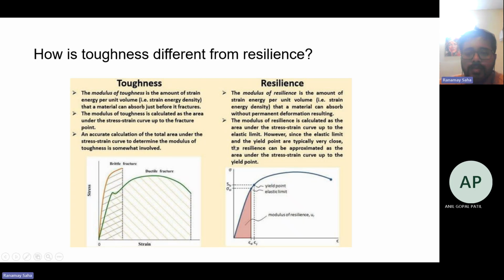However, since the elastic limit and the yield point are typically very close, the resilience approximates the area under the stress strain curve up to the yield point. The elastic and the yield points are hardly distinguishable in application. Sometimes modulus of resilience can also be calculated by taking into account the area up to the yield point only. I hope you are now well acquainted with the difference between toughness and resilience.